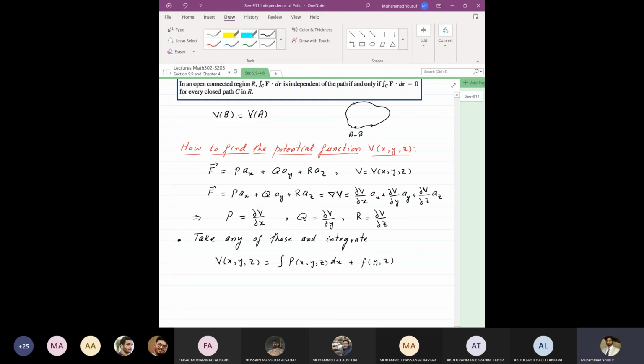Because when we take the derivative on both sides, we get partial v by partial x equal to P, derivative and antiderivative cancel, plus 0. The derivative of this part with respect to x is 0.